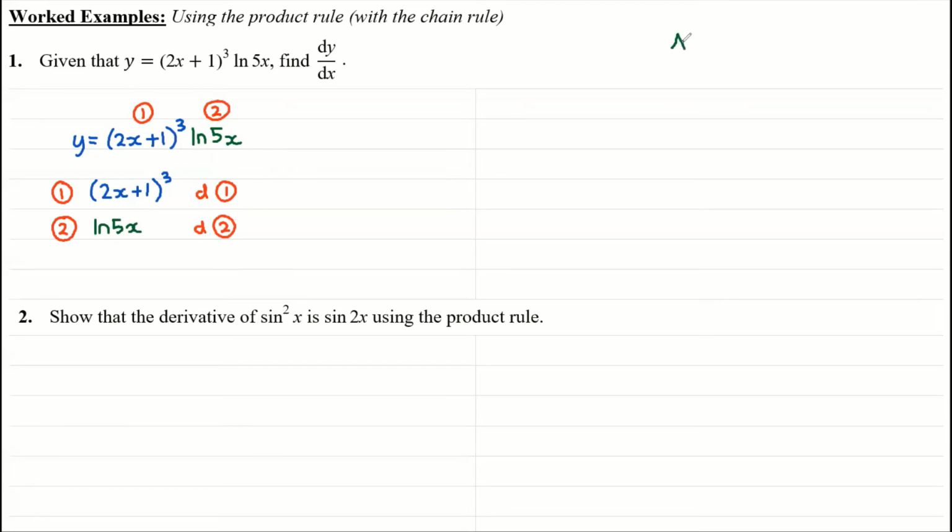So, aside, we're going to differentiate, big word, differentiate, (2x + 1) to the power 3.